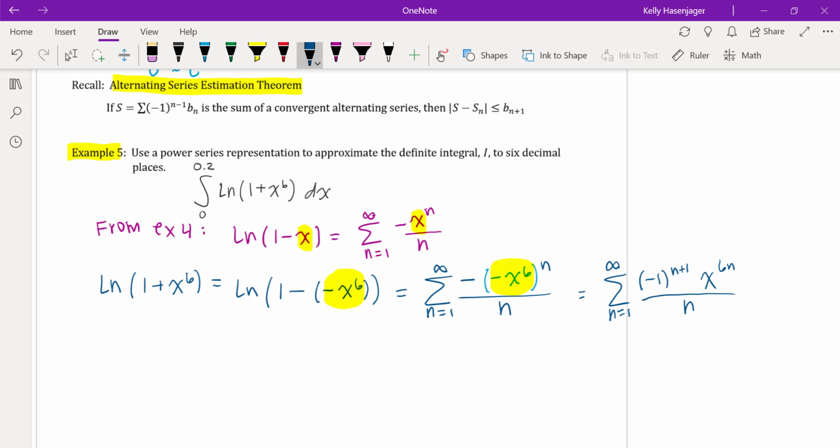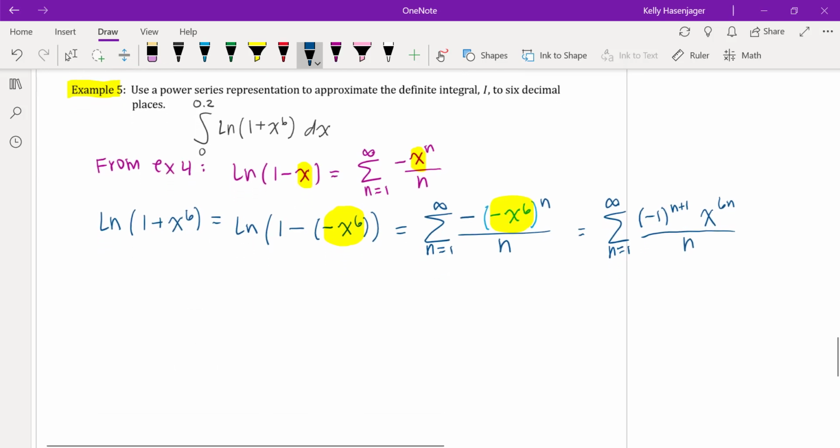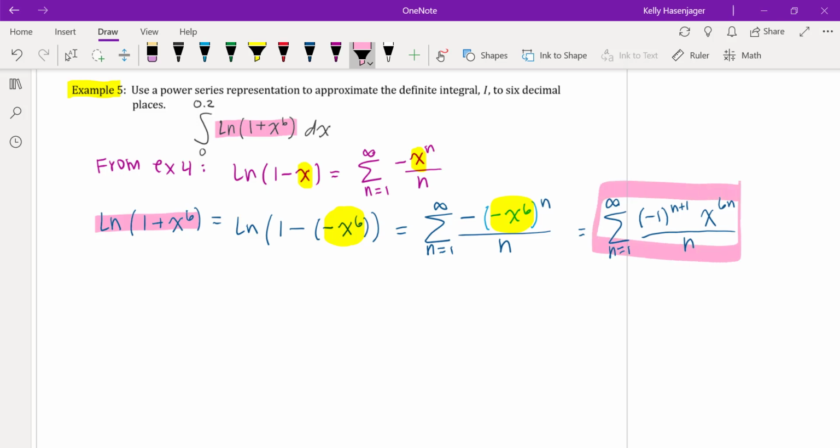Okay, so now we have our integrand, ln of 1 plus x to the 6th, and we know that it equals this sum over here. So let's just write it all together.